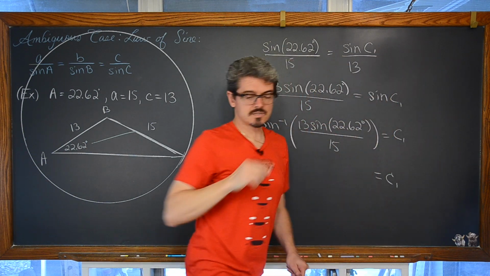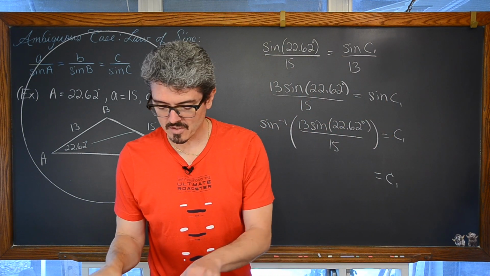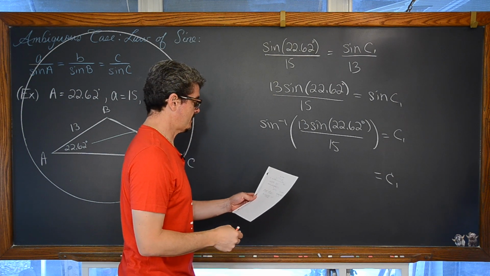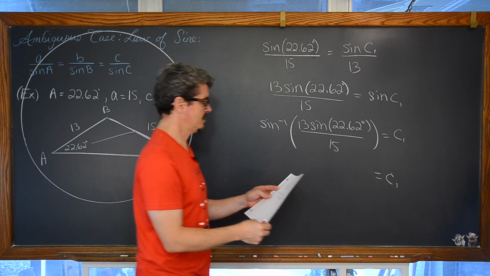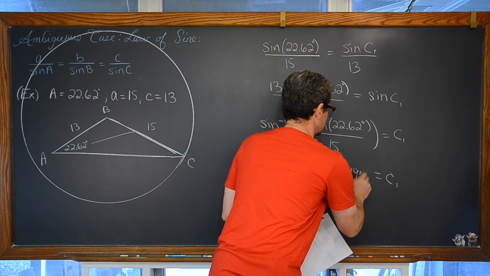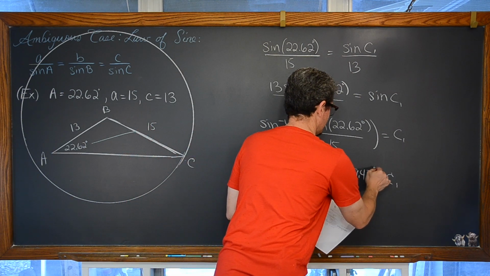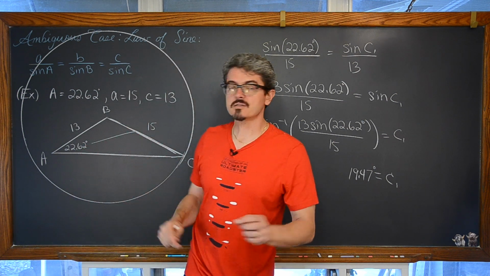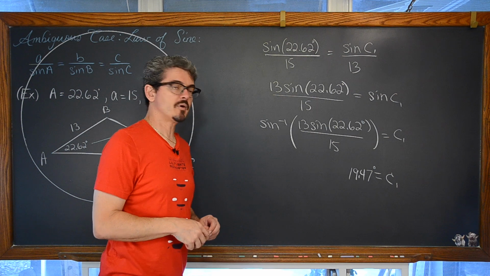We're going to call this C sub 1 because we recognize that it's an ambiguous case, meaning there's a possibility of two triangles, and that comes out to be 19.47 degrees. Now you've drawn the picture, you identified it's side-side-angle, that leaves the door open for two possible triangles.